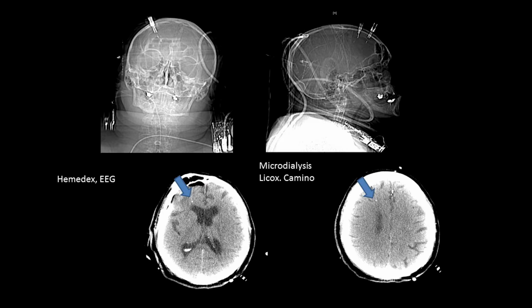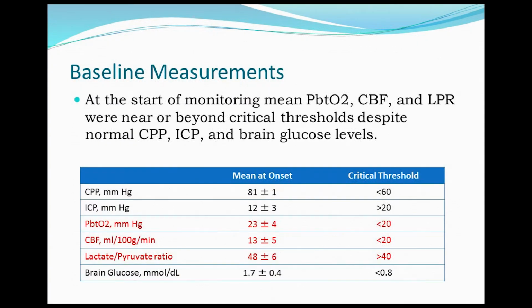What did we see? Well, baseline values are exactly what you would have expected based on the experimental models. CBF is low because metabolism's low. PbTO2 at 23 is the lower limit of normal, and lactate pyruvate ratio indicating a shift towards anaerobic metabolism is increased.